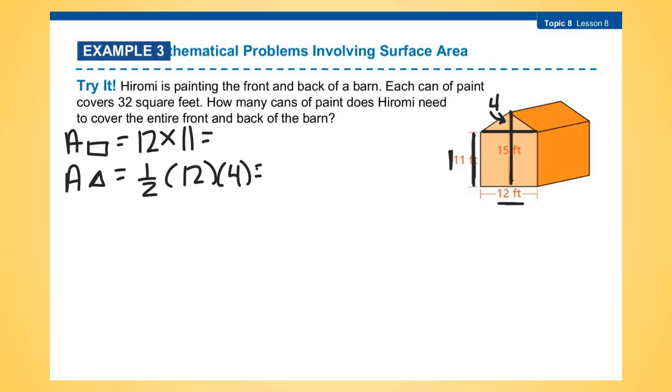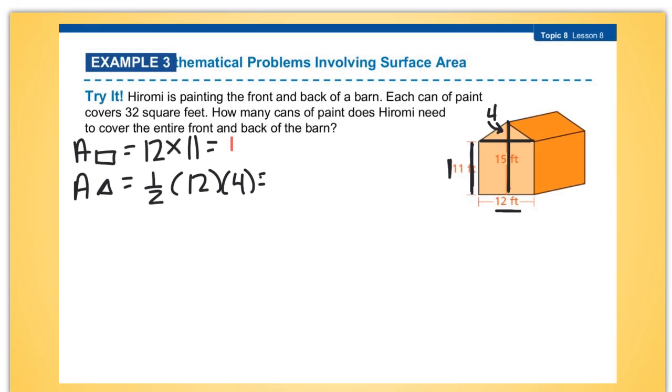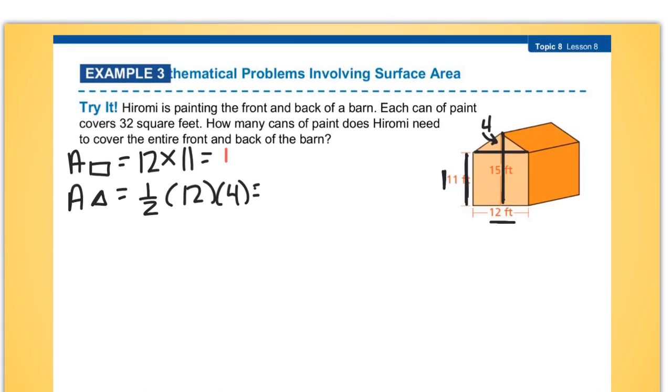All right, when I took 12 times 11, I ended up with 132. That was for the rectangle. When I did my triangle, half of 12 times 4 is 24.